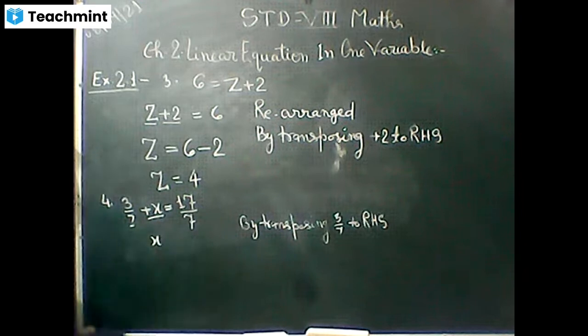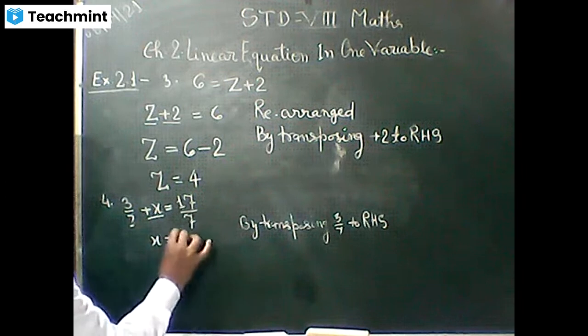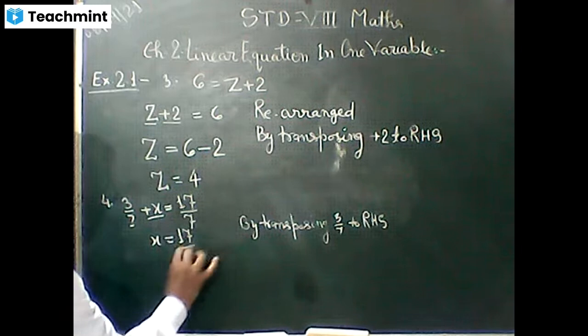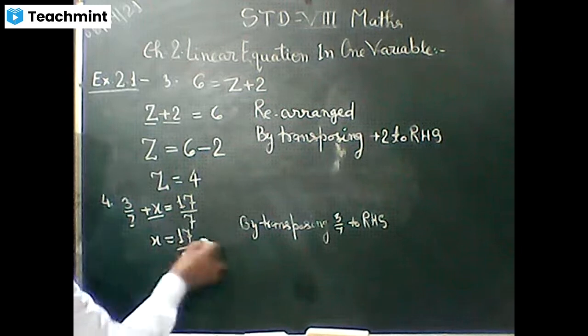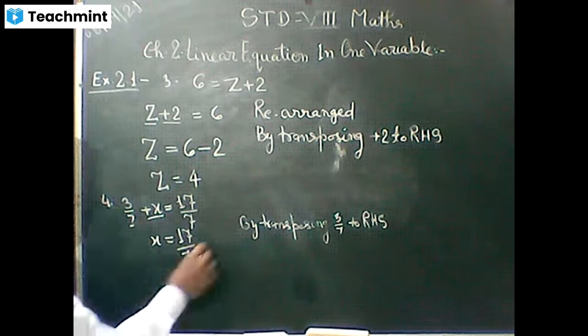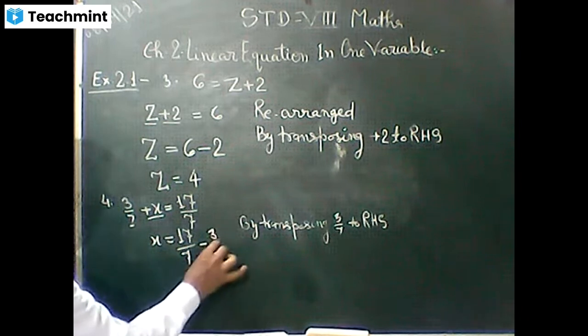Only x remains. And then x equal to, write this value first and our transposing value next to this number. This is plus, and then we have to write minus 3 by 7.